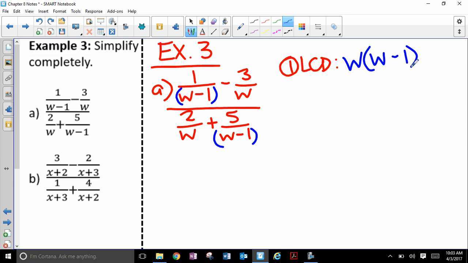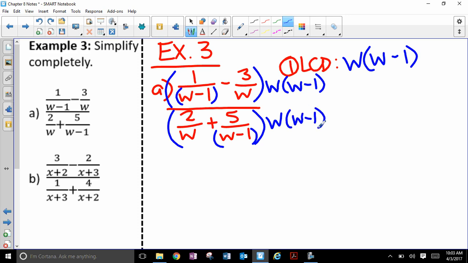Okay, so then we'll take this fraction, multiply it by w minus 1, and we'll take this set of fractions on the bottom and multiply it by w, parentheses w minus 1. Okay, so when you multiply the first fraction in the top by this LCD, you'll notice that the w minus 1's cancel, and then you're just left with w on top.